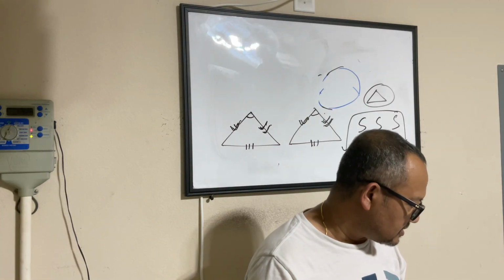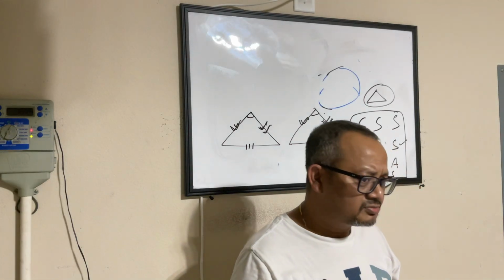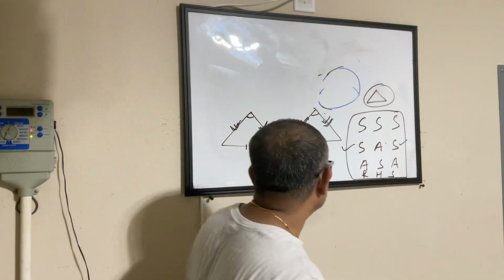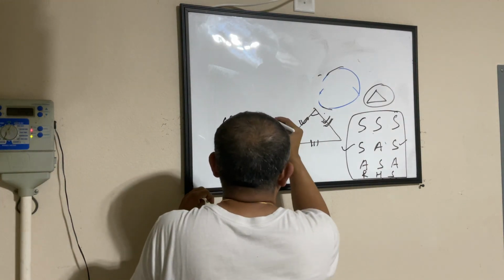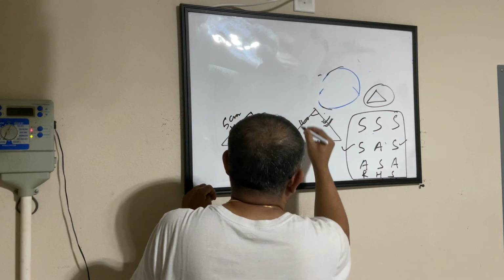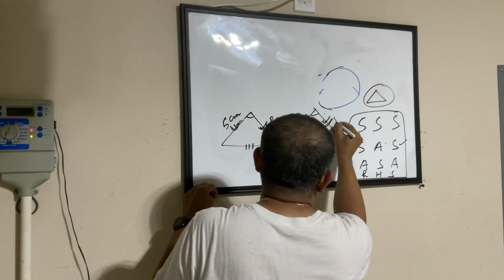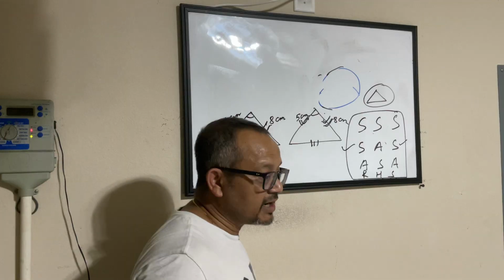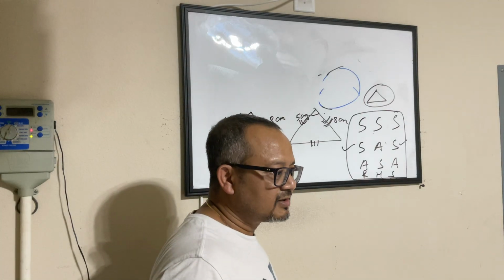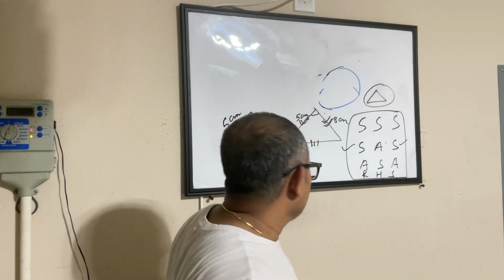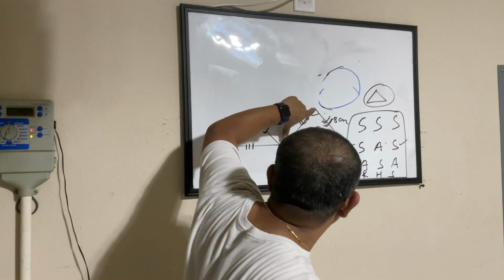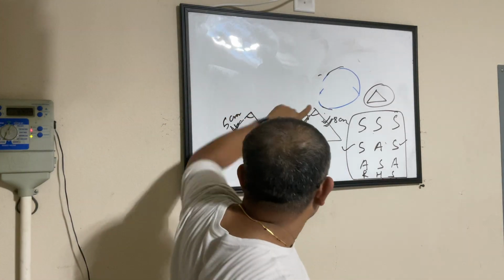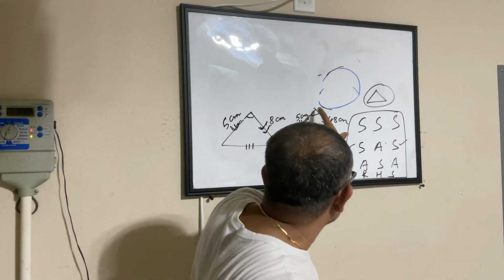Now, I'm not saying that if this is 5 centimeter and this is 8 centimeter, this is also 5 centimeter and this is 8 centimeter. Are these isosceles triangles? Basically I am saying that the length of this side is equal to the length of this side, and the length of this side is equal to the length of this side.